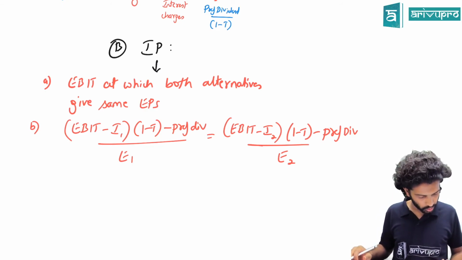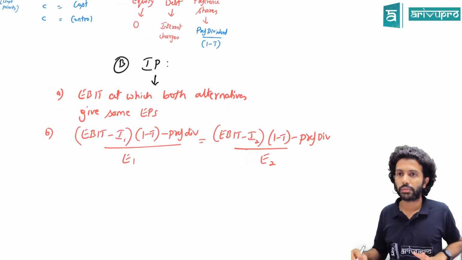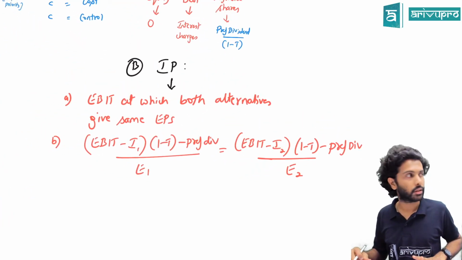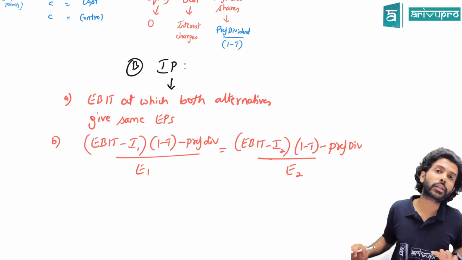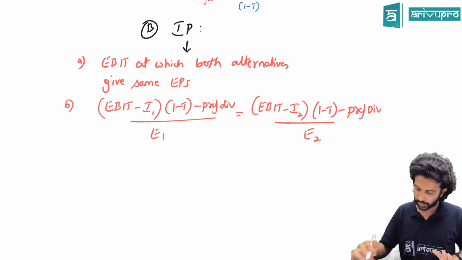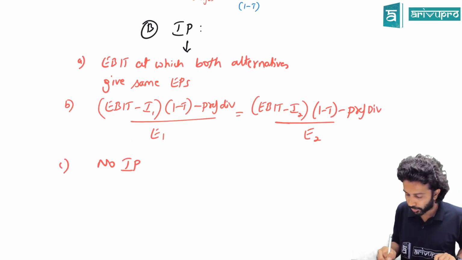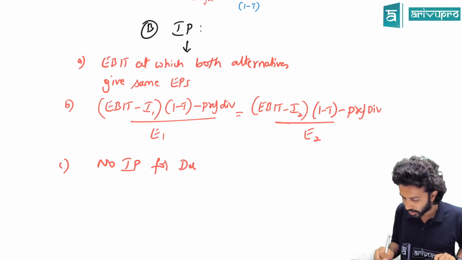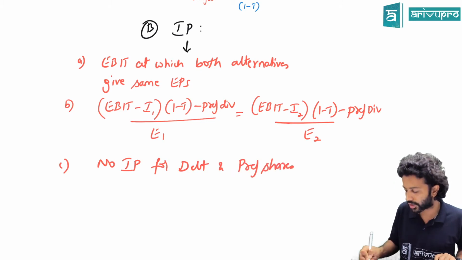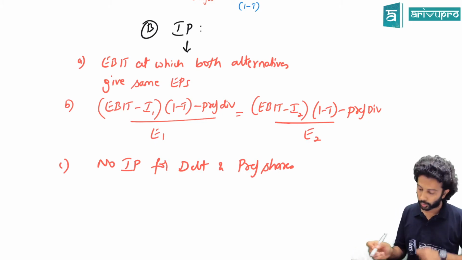Next, anything we missed out? Okay, that also we can write. Good one. No IP for debt and preference shares. In fact, you're right.